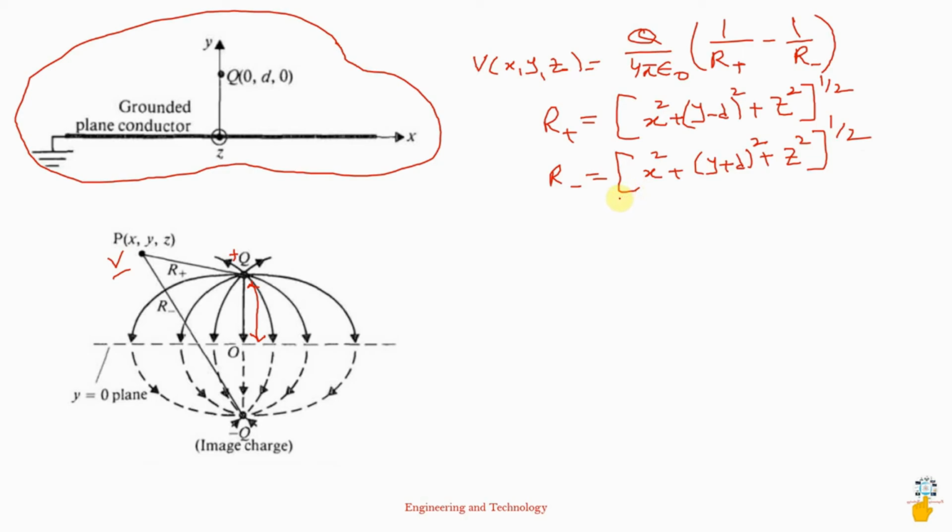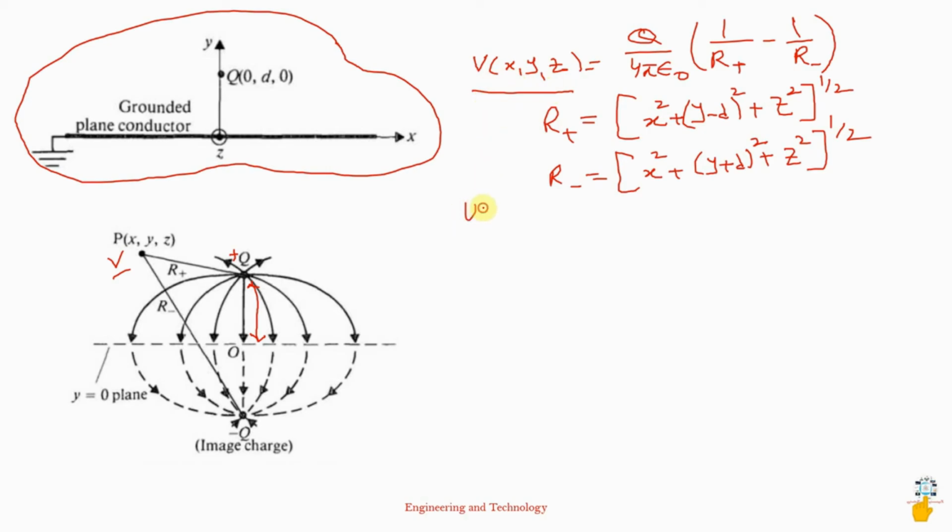No integration is needed here. By using this method of images, we have replaced this grounded conducting plate with the image charge. The solution provided by this method of images satisfies the four conditions which we have discussed earlier, and it will give us a unique solution.